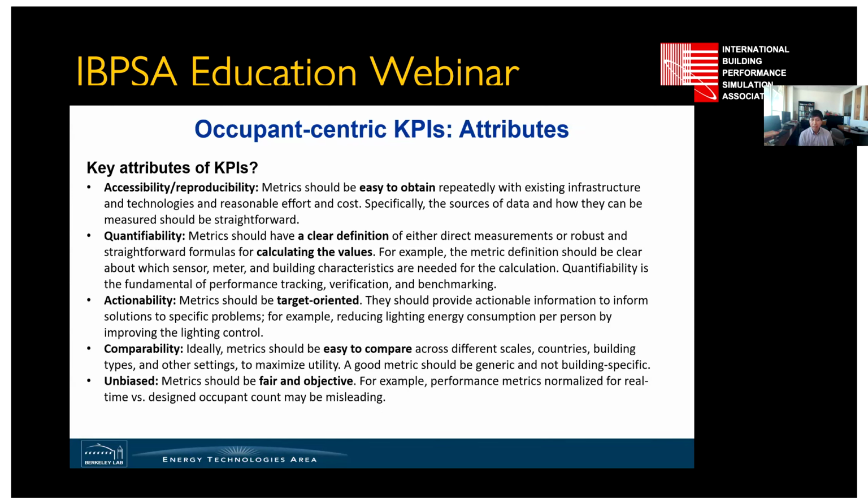That means understood not just by researchers, but also by designers and practitioners. And understanding what goes into the numerator and the denominator, and what the potential sources of data are that we need to collect in order to calculate those KPIs, so that we are able to quantify them.